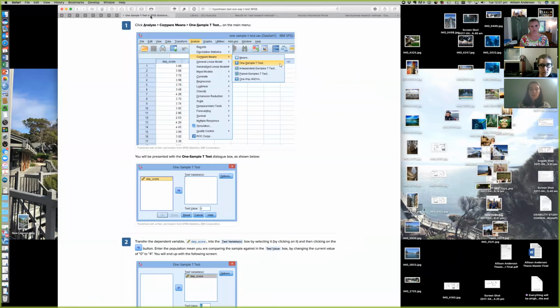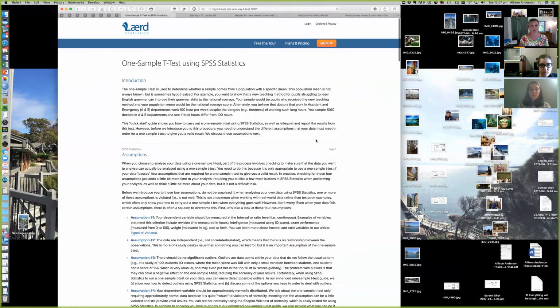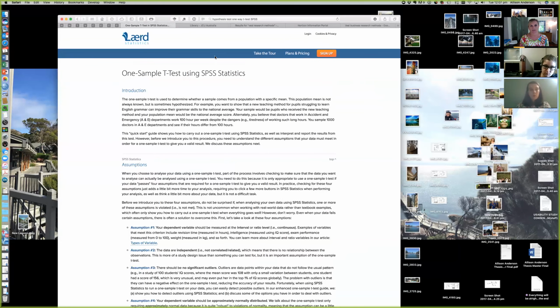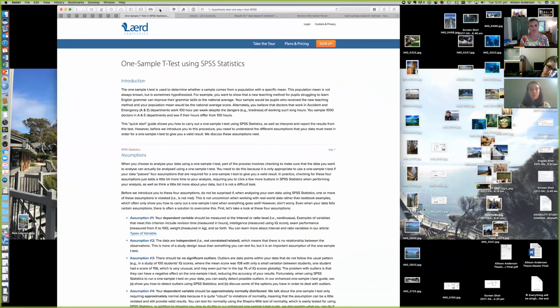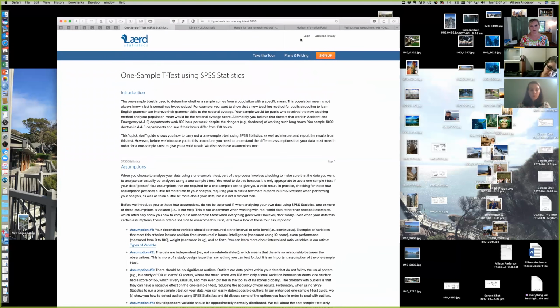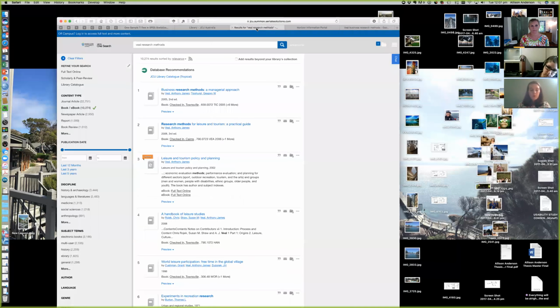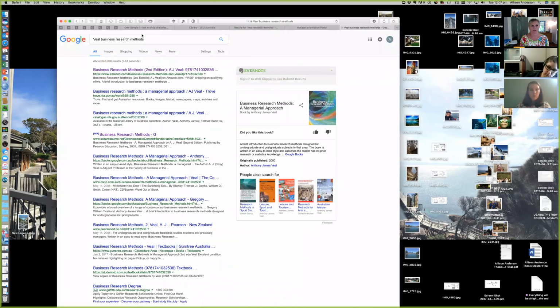So I've put this link on Moodle as well: Learning Statistics, one sample t-test using SPSS. The link's on Moodle this week, I think, in the resources section. You can have a look at that too, because this is what you will need to use to complete that assessment.